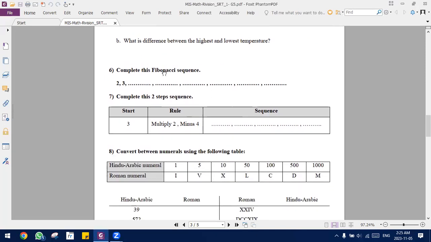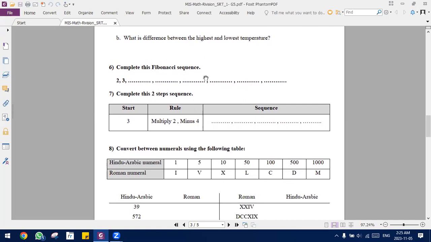Question 6. Complete this Fibonacci sequence. So this is not a normal sequence. When we see this name, it means that sequence has only one rule. What's that rule? If you need to find the new value here, what do you have to do? You should add the previous two. We should add them.